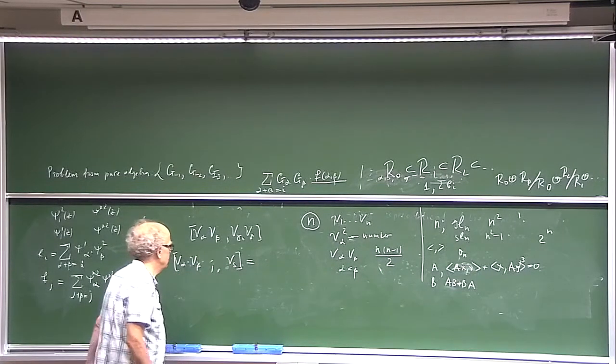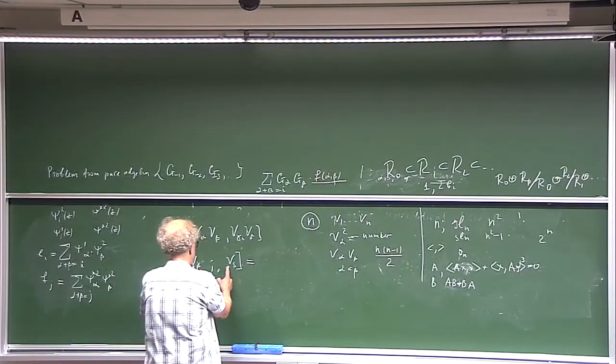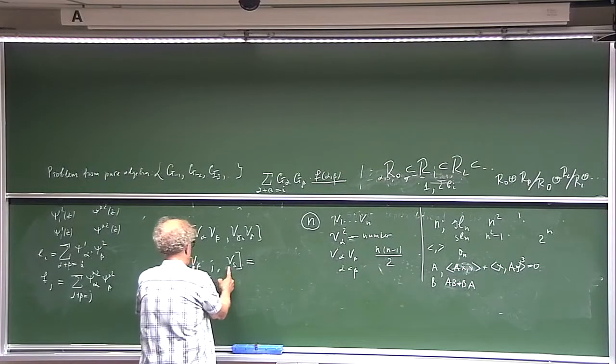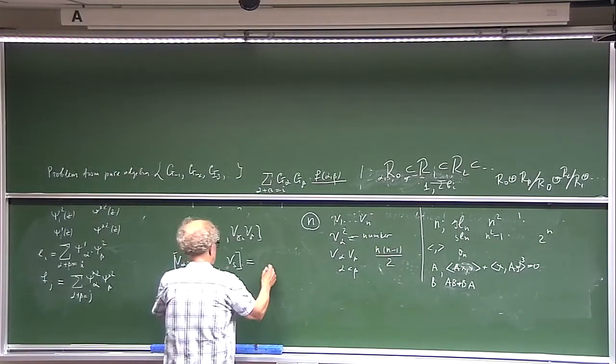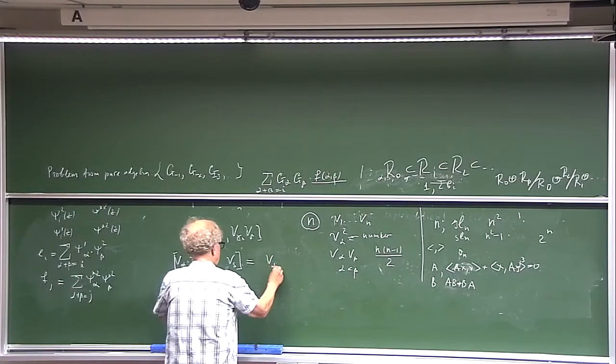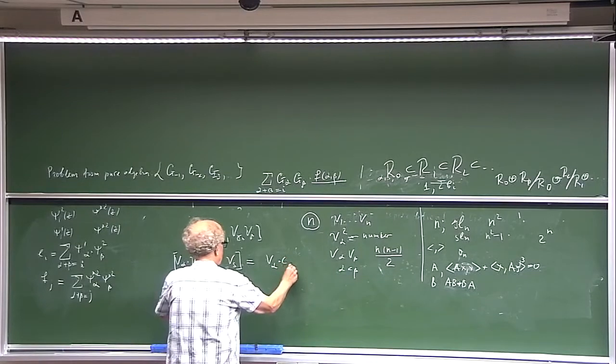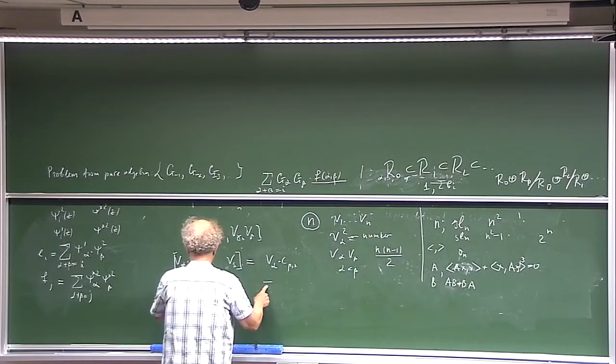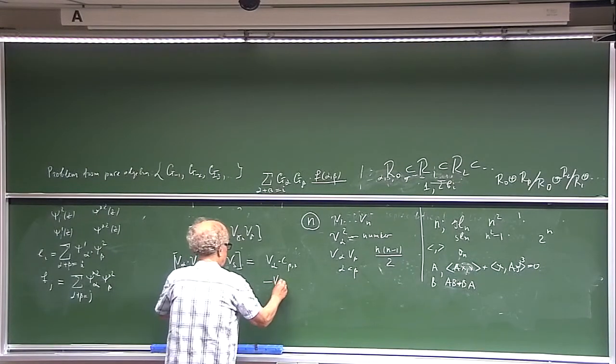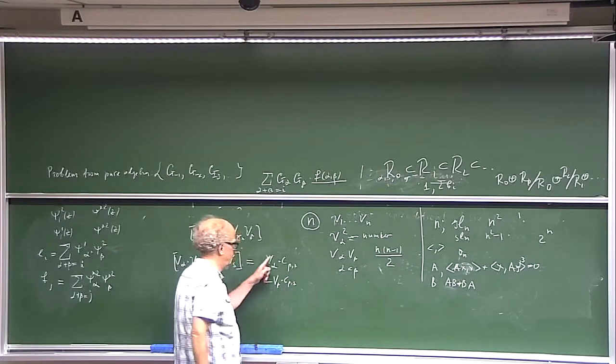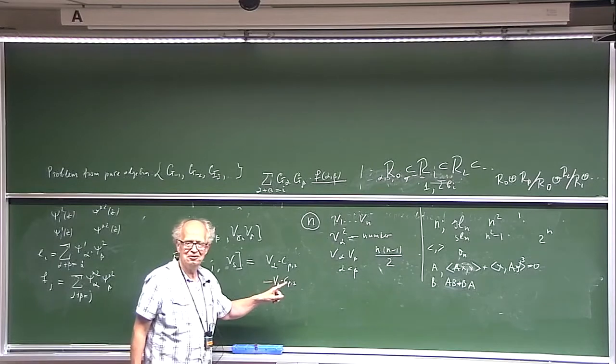So what it is doing is sending this to V alpha times C beta S, maybe minus or plus V beta times C beta S. Am I right or is the sign incorrect? Right.